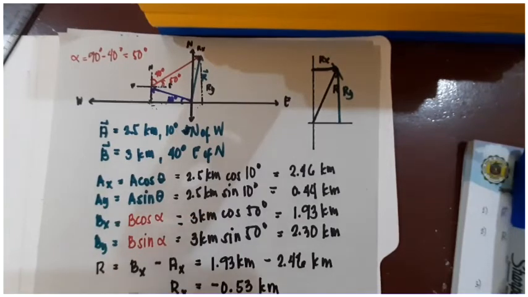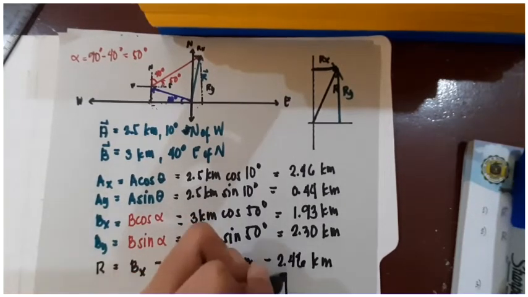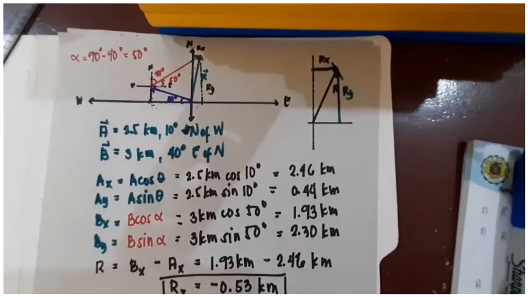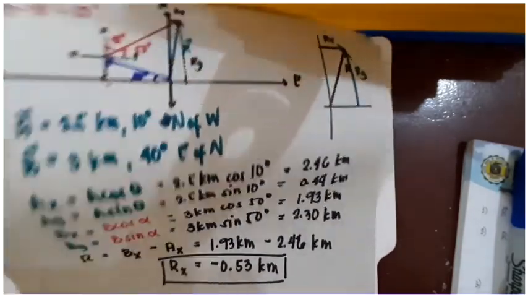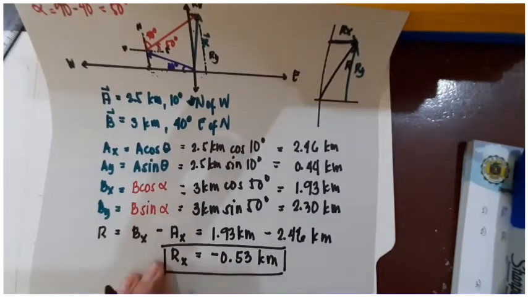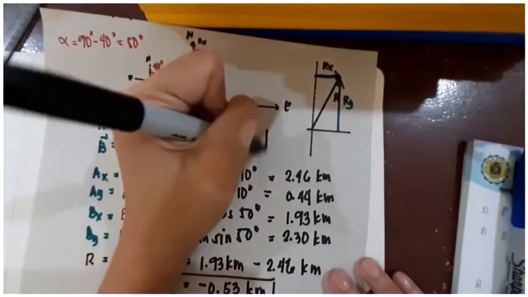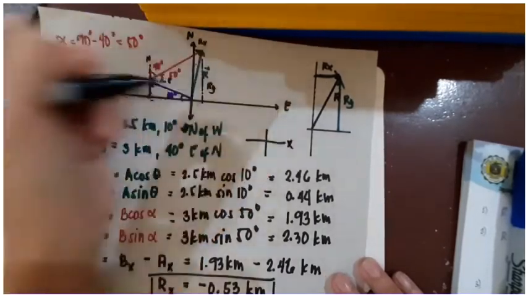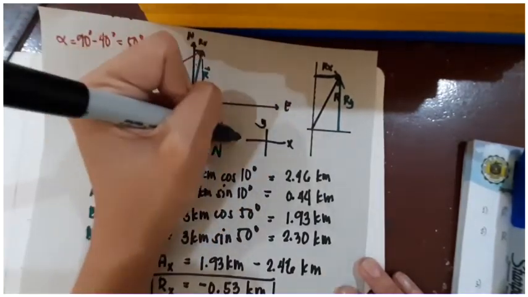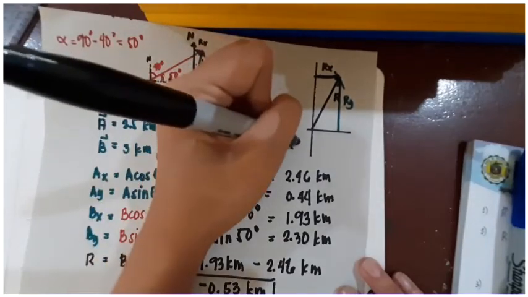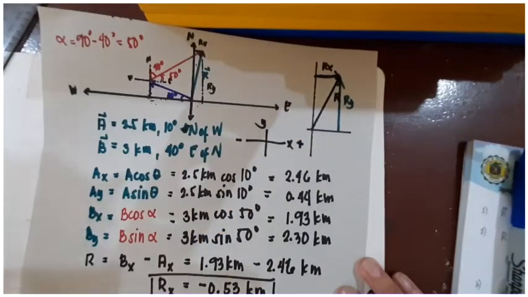kilometers. Okay. So dito, yung negative na sign, it indicates your direction. Okay. Ibig sabihin, it goes to the west. Okay. So negative x-axis naman kasi yung papuntang x. Negative x. Okay. If you have here your x and then your y, this is your negative, this is your positive na direction.